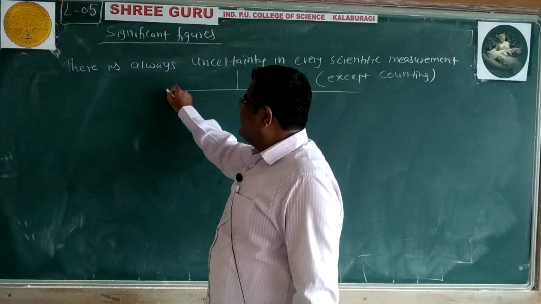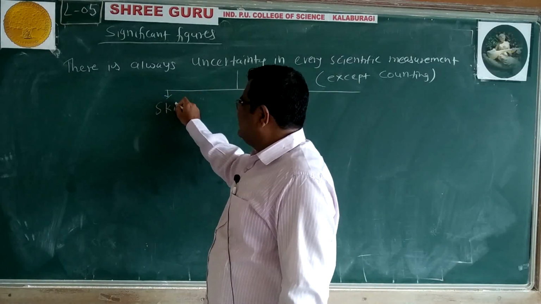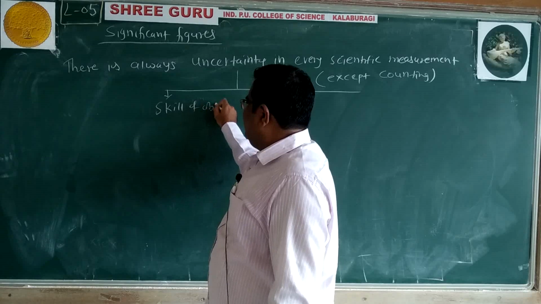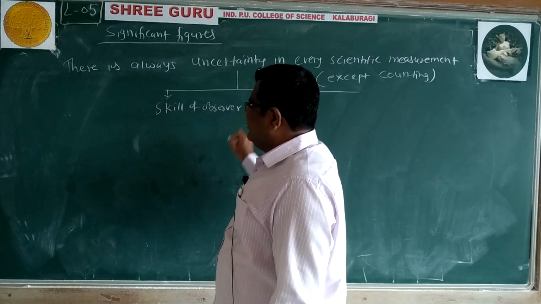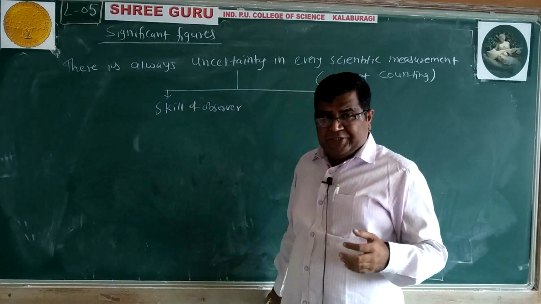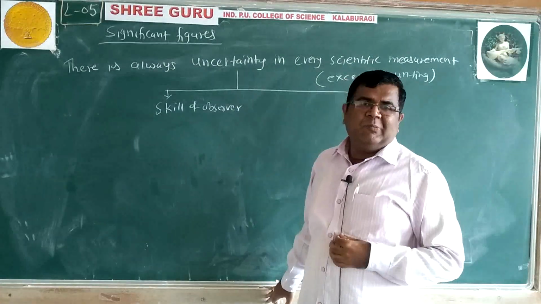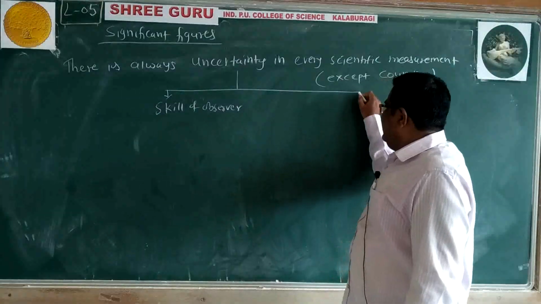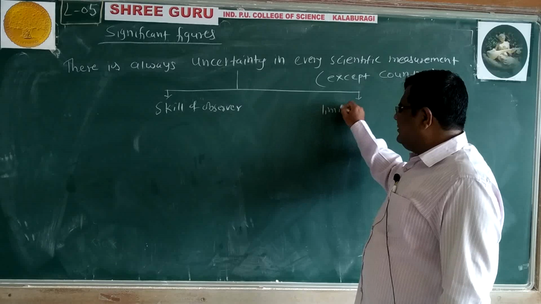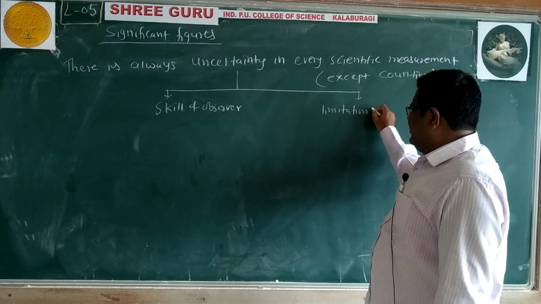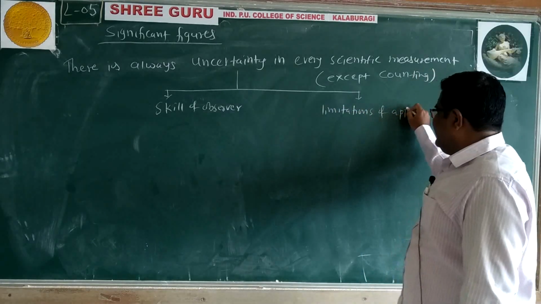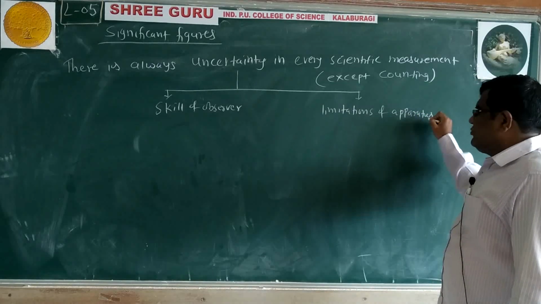One is the skill of observer. Skill of observer means who is doing that experiment, who is observing that phenomenon. Another is the limitations of the apparatus which we are using.